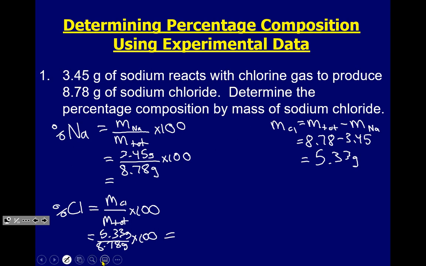Which one are you telling me? 39.3%. And do you have the other one as well? 60.7%. And that's good. That totals up 100. We're in good shape. Okay? So when it comes to experimental determination, it takes some logic and a little bit of thinking. That was pretty straightforward.